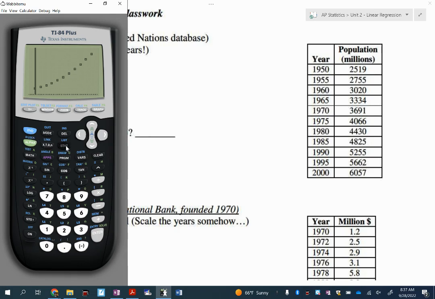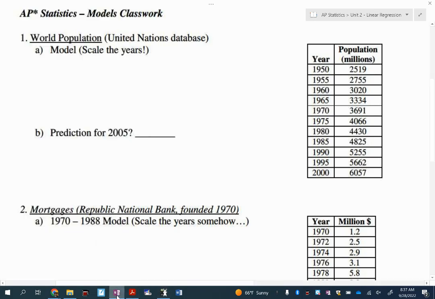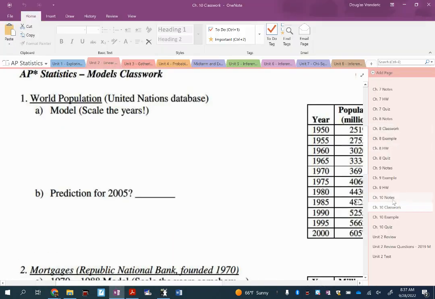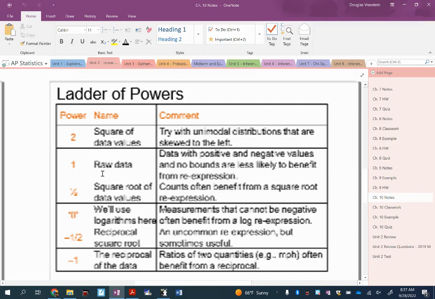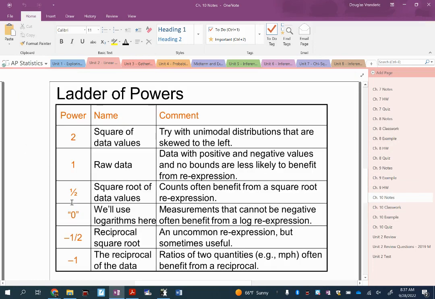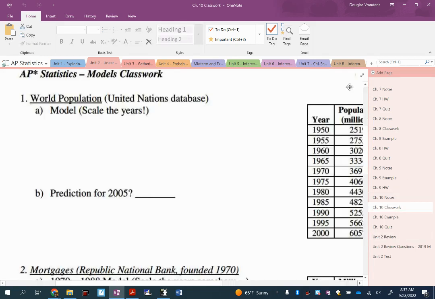So let's go back now and do the next one, going to my notes, my ladder of powers. The next one after that is taking the square root. So I had the raw data, and the residuals plot showed a pattern. I tried the squares, which made the scatter plot less linear. So let's do the square root of our Y values.